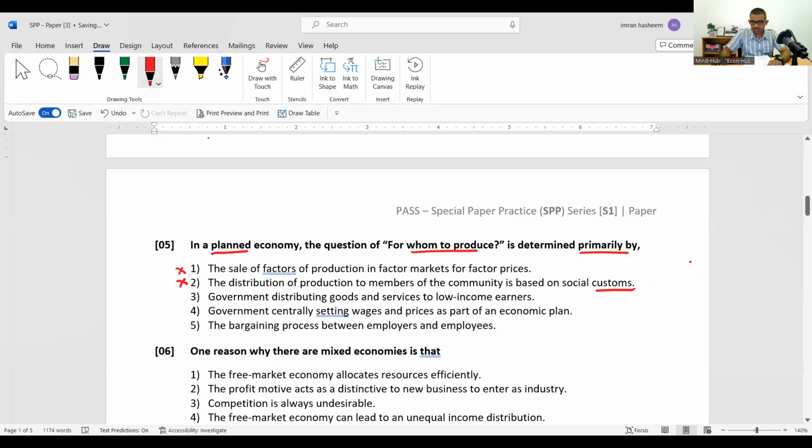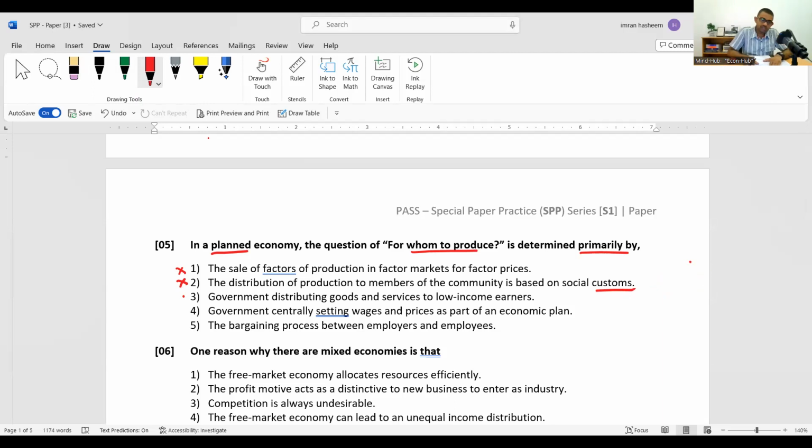Government distributing goods and services to low-income earners is done in a planned economy, but the answer gives the idea that that's the only thing the government could do.